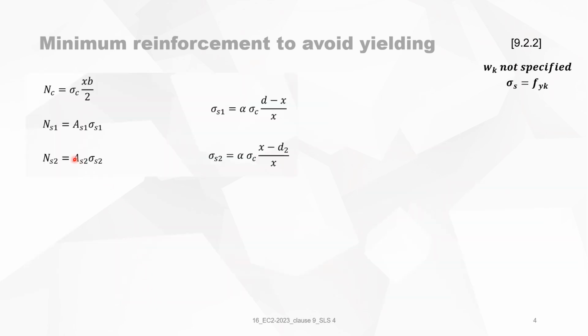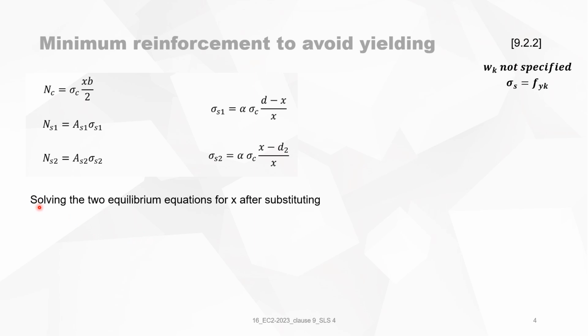Now we can also see that the total compressive force is equal to this formula, to the surface of the triangle. The tensile force in the reinforcement is, of course, the AS1 times this stress in the reinforcement. The same applies for NS2. You see, I'm not using signs here. And the stress in the reinforcement can easily be calculated with this simple formula.